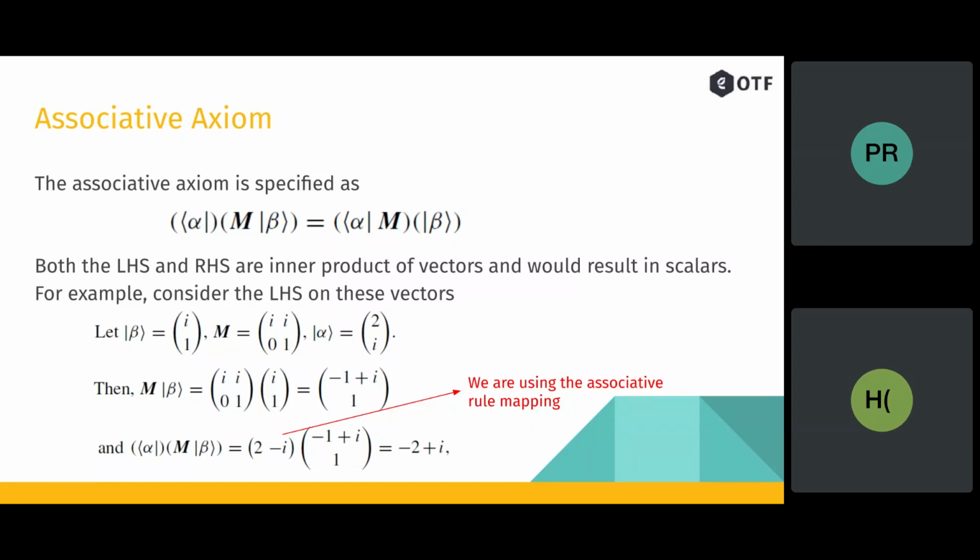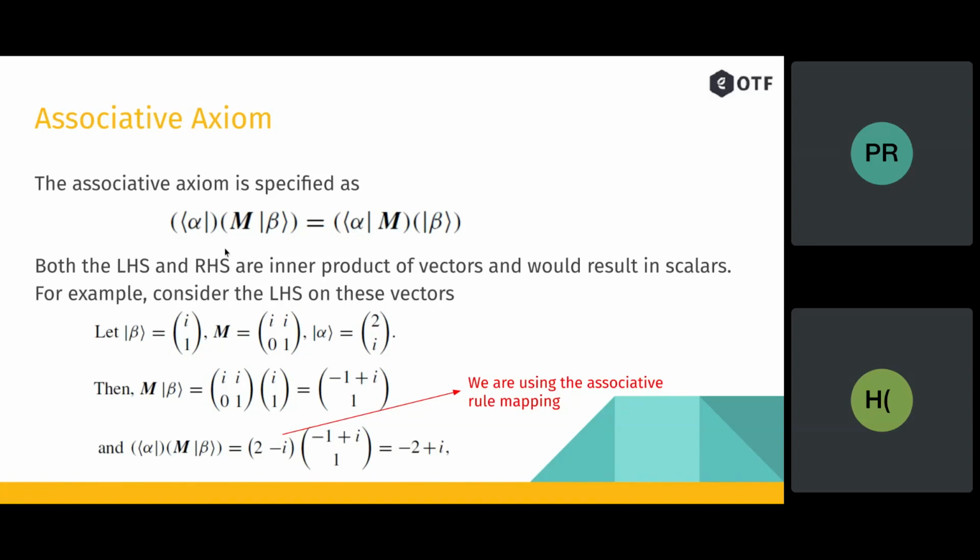This is kind of a left hand side, right hand side inner product, because both will result in the same thing if you place the matrix along with alpha and beta. For example, in this case beta is minus I, 1 and alpha is 2I, both column matrices and both in ket representation, and the matrix is I, 0, 1.